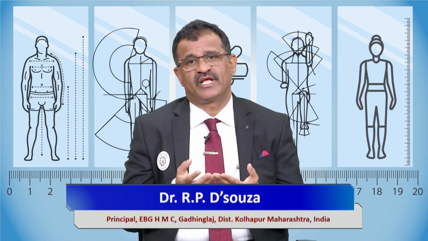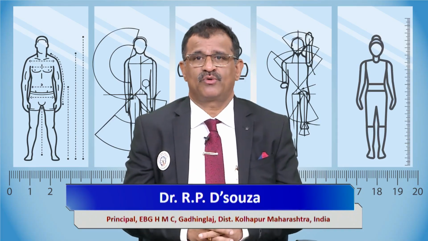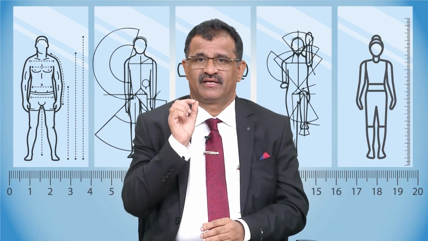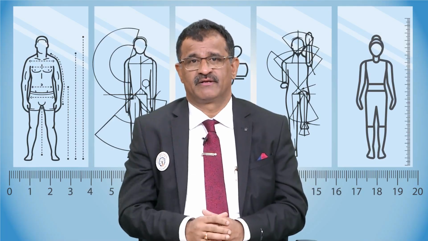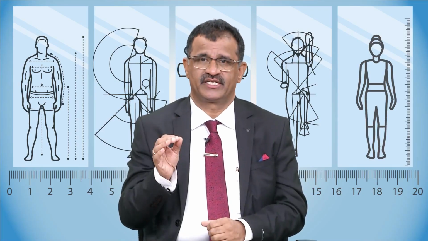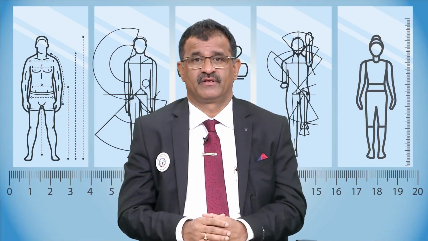In today's first session A, we will discuss nutritional assessment and the importance of nutritional assessment. This chapter deals with an overview of anthropometry and its importance for nutritional assessment.